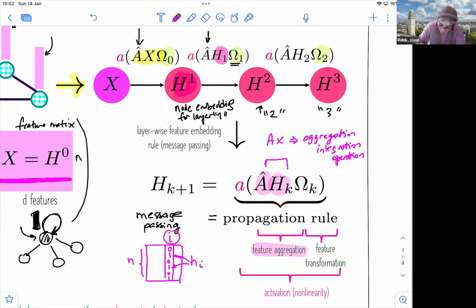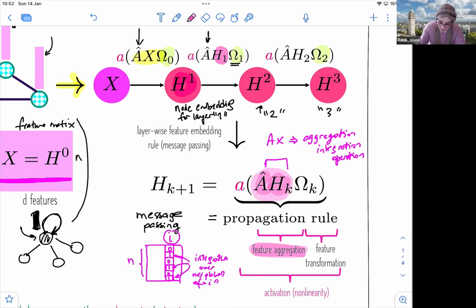We only integrate information from these neighbors, so this is an integration process, an integration over the neighbors of node i. The first part is what we call feature aggregation, which allows us to aggregate the features from all neighboring nodes.